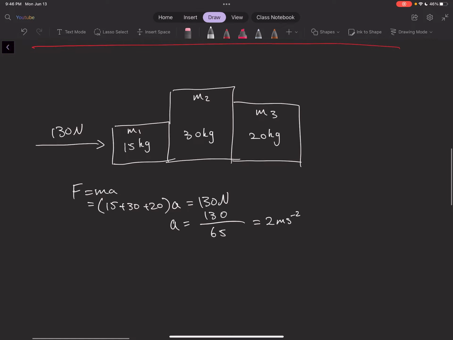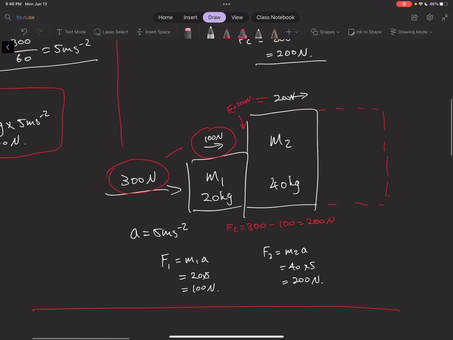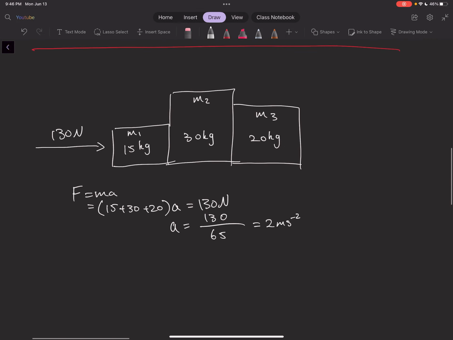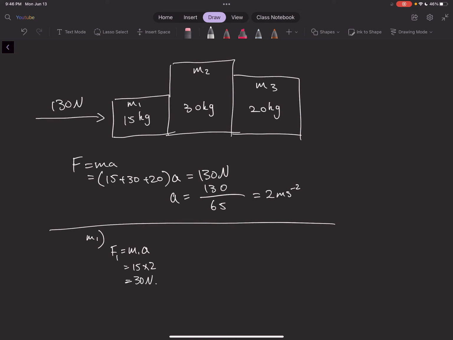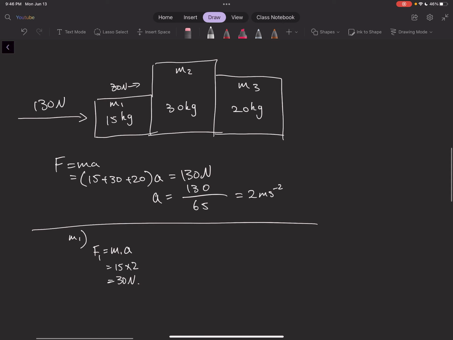So if we were to use this technique that I just explained, let us find F equals ma for each block individually now. For block number 1, we have F1 equals m1 times acceleration equals 15 kilograms times 2 equals 30 newtons. So there's 30 newtons that this first block feels.